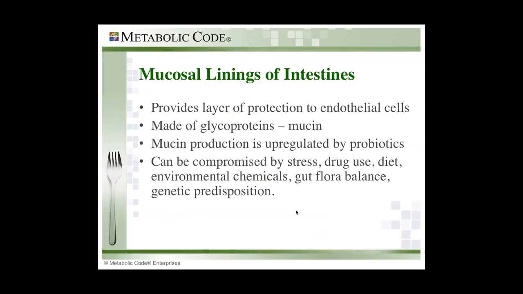So we know that in order to have healthy mucosal linings in the intestines, we need a good amount of mucin production, and that mucin comes from the fact that we have good amounts of probiotics and beneficial flora in our intestinal tract. And we also know that this process of healthy production of glycoproteins, mucin production, etc.